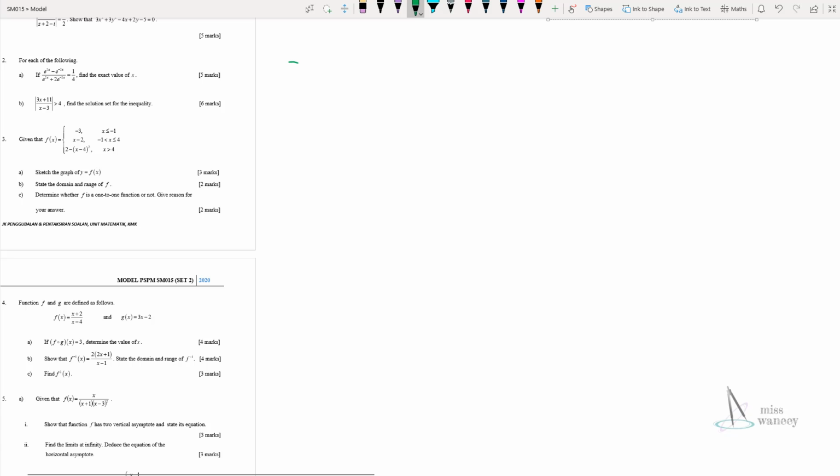Okay, so number 2b. Right, so the modulus of 3x plus 11 over x minus 3 is greater than 4. Find the solution set. So this question, they ask us for the solution set. So mesti kena guna solution set lah for the inequality. So firstly, I need to open the absolute value sign first.